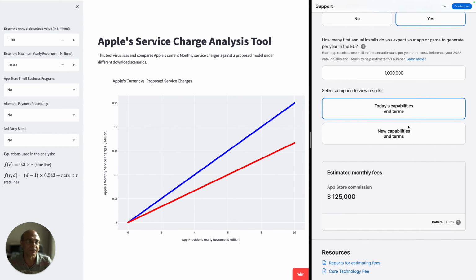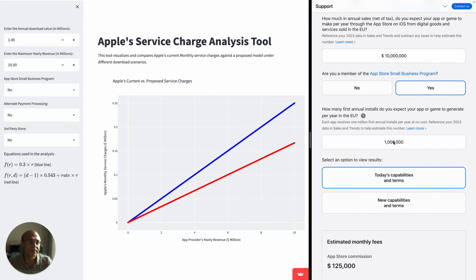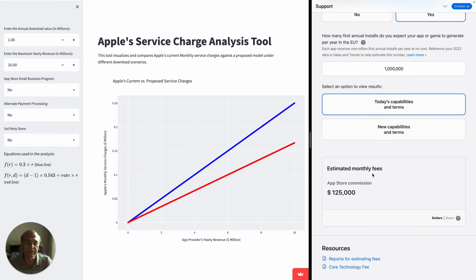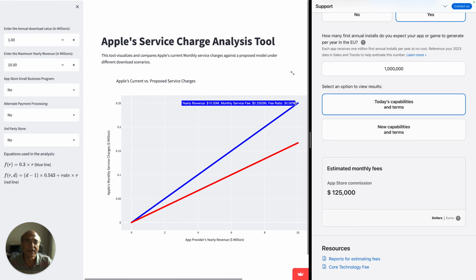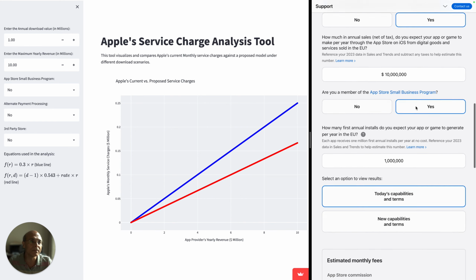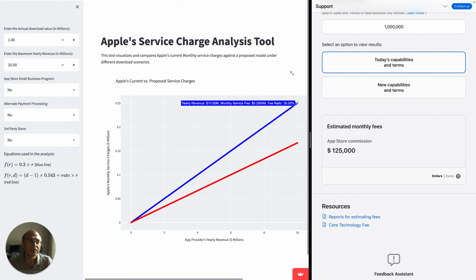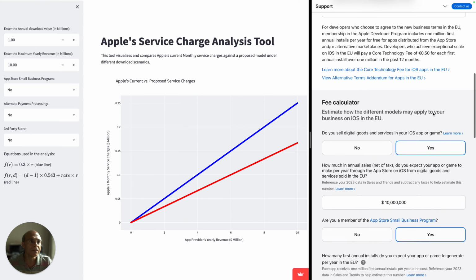So let's check first. I now put 10 million here, then one download, today's terms and capability, and I have not chosen new terms and capability. So it should come out to be 125K per month. The revenue I have chosen is 10, and then the fee ratio should be... let me see what happened.